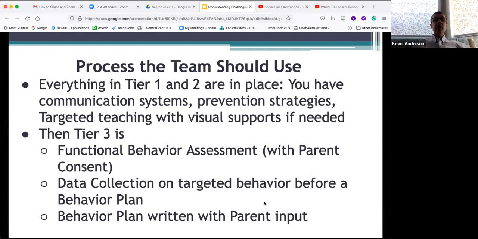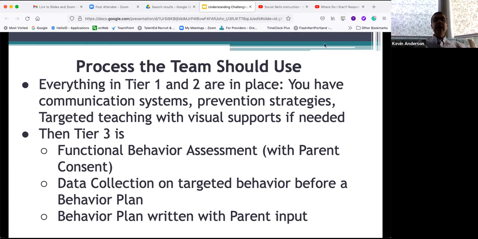Ask what prevention strategies they have in place. Are they teaching replacement skills? If you have a child who pushes to get attention, are they teaching that child some other way of getting another child's attention? What kind of full classroom supports do the children have so that all children can thrive in that classroom?